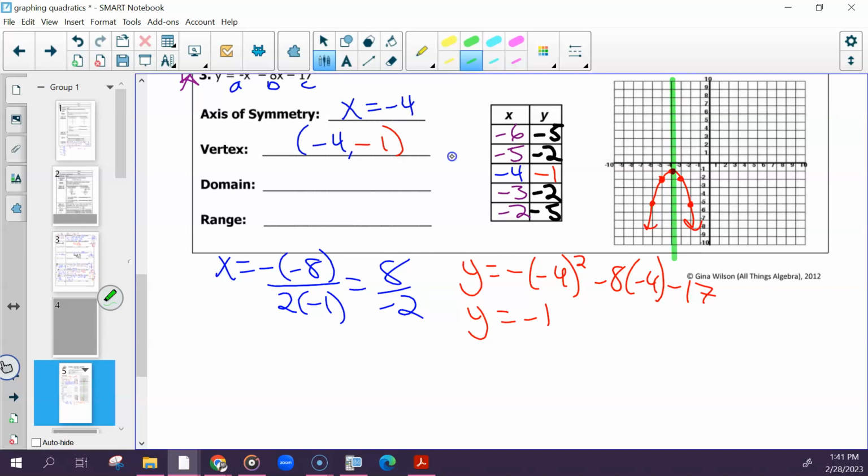What would your domain be? Left or right?